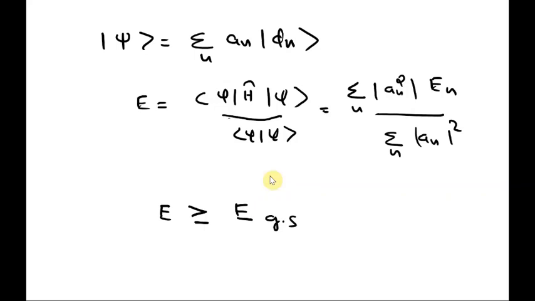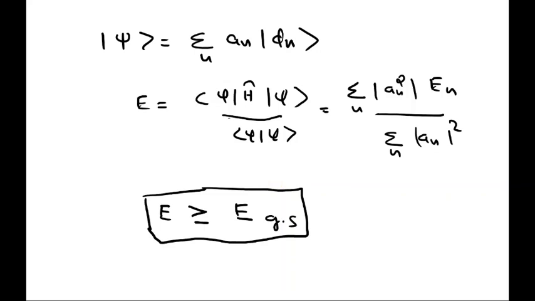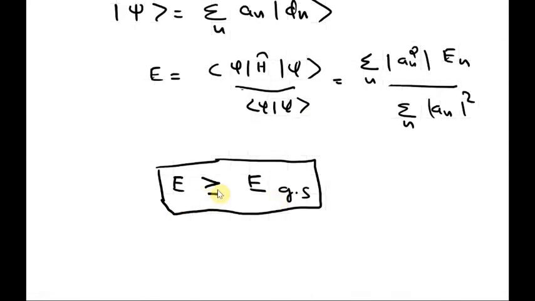So the whole idea is that whatever energy you obtain for the choice of our ψ is always going to be greater than or equal to the ground state energy. This is actually what leads to our approximate answer of energy.